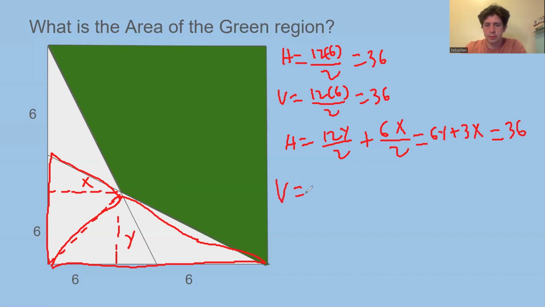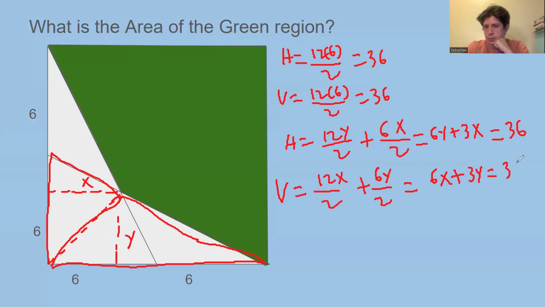And then vertical equals same thinking, but now it's going to be 12X plus 6Y. Because it's going to be this times this over 2 plus 6Y over 2. And that gets us 6X plus 3Y equals 36. Let's double the first equation.